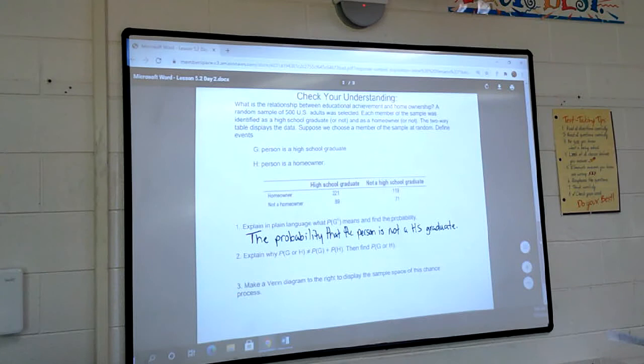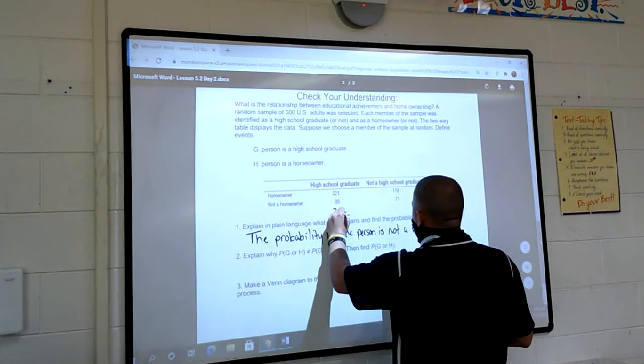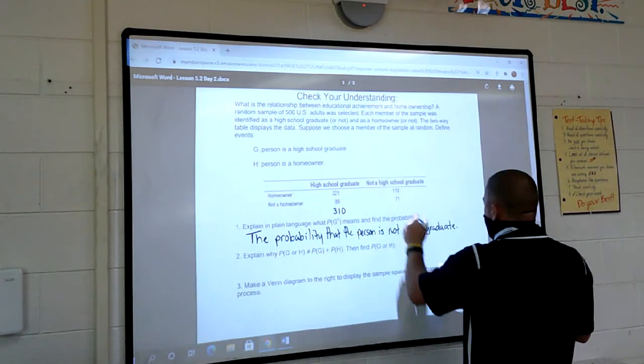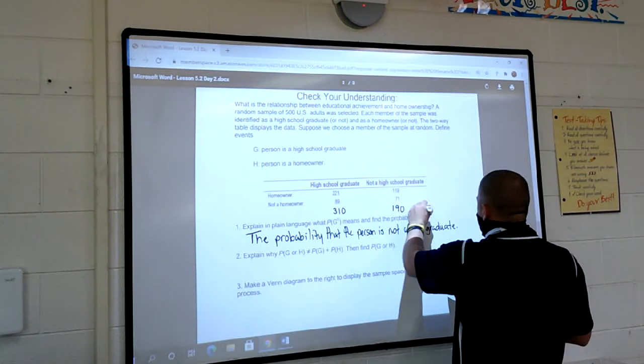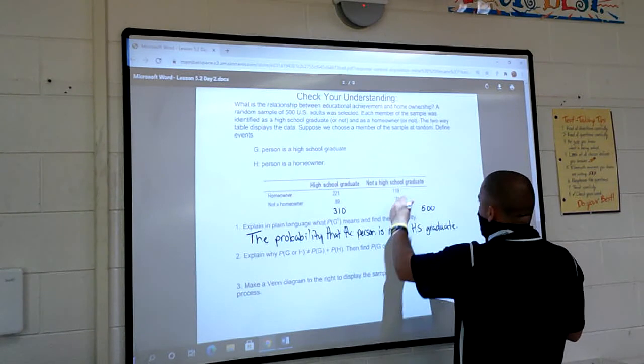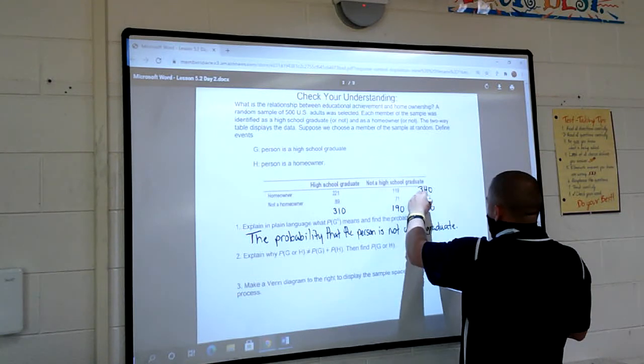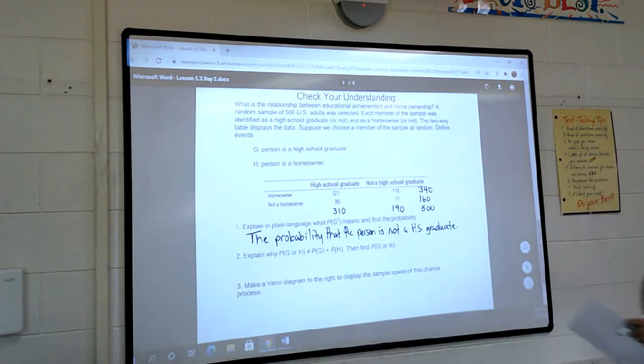Well, first, to kind of do these, we need to total all this stuff up. So high school graduates, we have 310. Not high school graduates, we have 190, which gives us 500 total. Homeowners, we have 340, and not homeowners, we have 160. So when you get a two-way table, it'll be nice, you want to total those up first, because you're going to need that when you work through this.